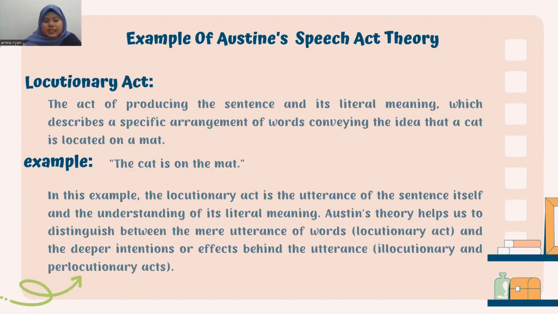In this example, the locutionary act is the utterance of the sentence itself and the understanding of its literal meaning. Austin's theory helps us to distinguish between the mere utterance of words, which is locutionary act, and deeper intentions or effects behind the utterance, or illocutionary and perlocutionary act.